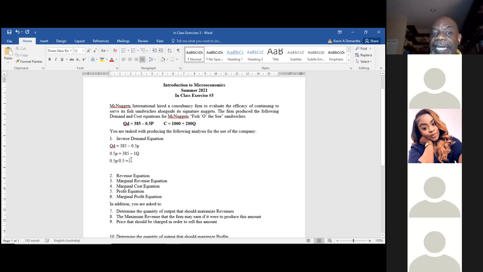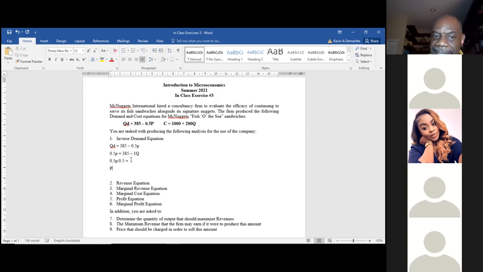But the whole point of an equal sign is that things on each side are assumed to be equal to each other. It's an equality. So if you make one change on one side, you have to make the same change on the other side to keep that equality. I needed to get the P by itself. I know if I divide 0.5P by 0.5, the 5s cancel out, and I end up with P all by itself.